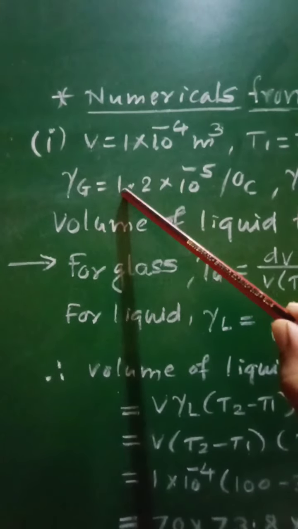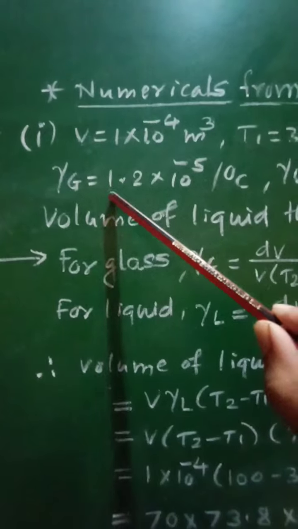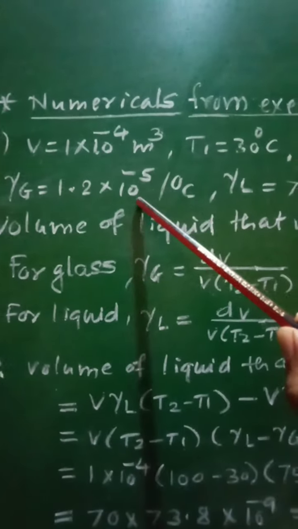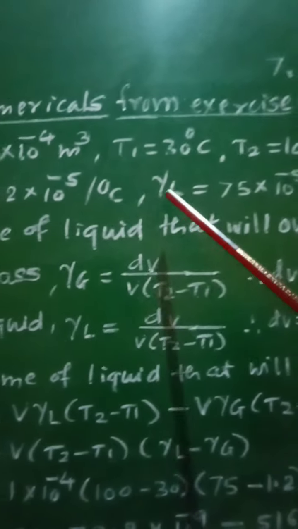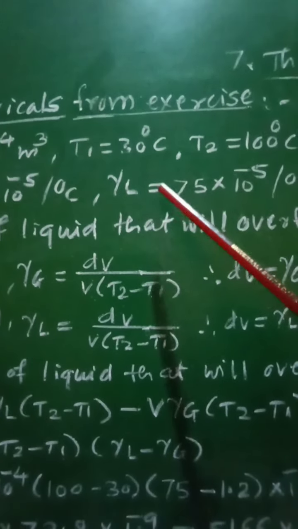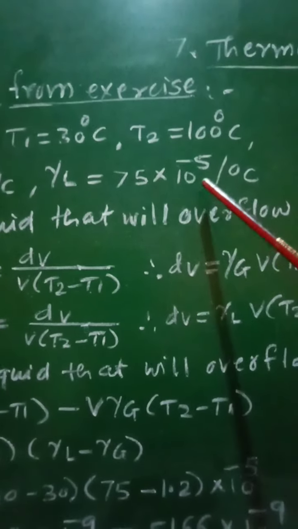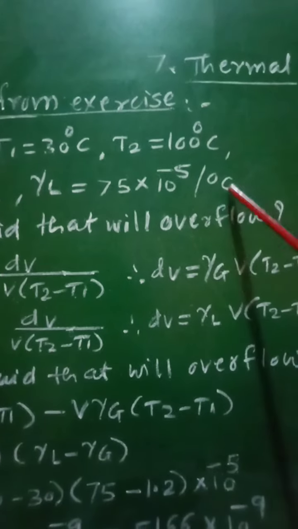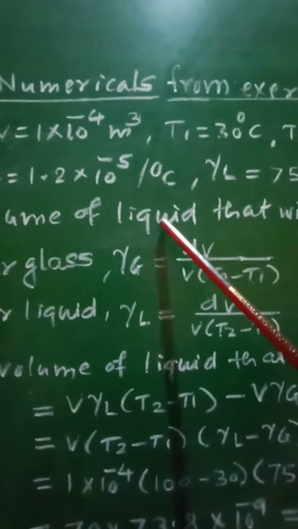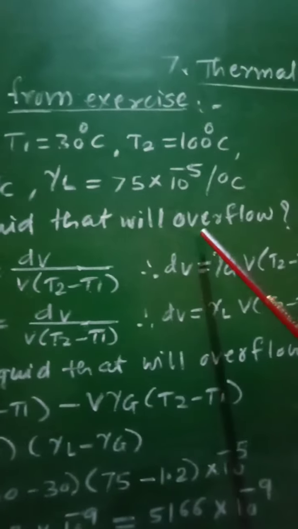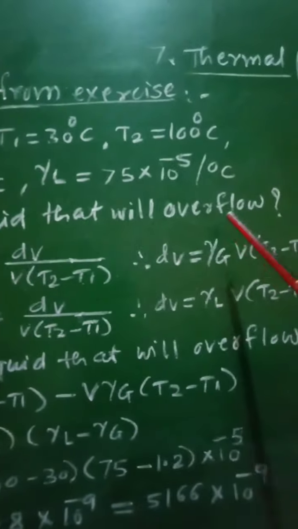The coefficient of volume expansion of glass, that is gamma G, equal to 1.2 into 10 raised to minus 5 per degree Celsius. The coefficient of volume expansion for liquid is 75 into 10 raised to minus 5 per degree Celsius, and we have to find out the volume of liquid that will overflow.